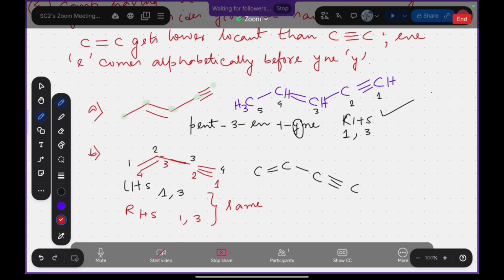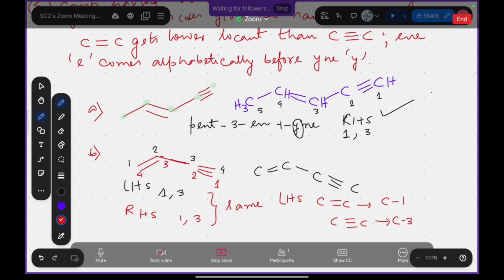In such case what will you do? As I said, the double bond is given the lower locant and the triple bond is given the higher locant. That means the left hand side numbering is correct. From the left hand side what do you get? The carbon-carbon double bond is at carbon 1 and the carbon-carbon triple bond is at carbon atom 3.